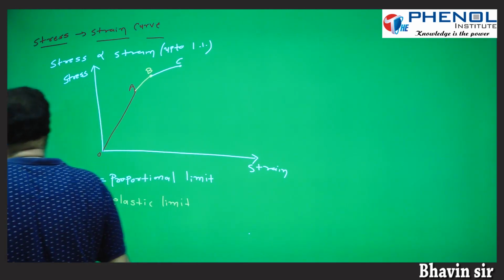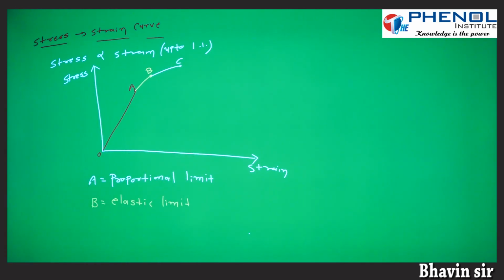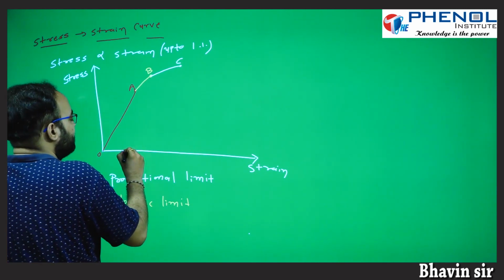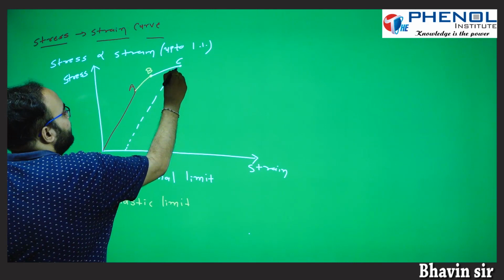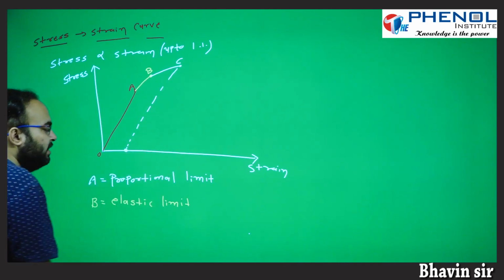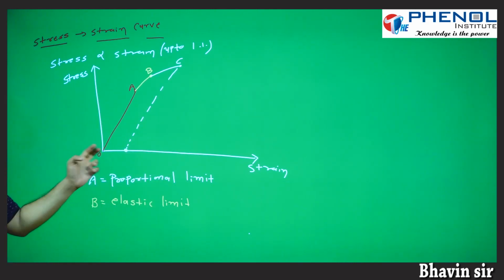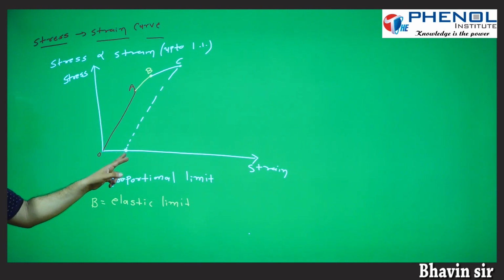now at point C, if we remove the deforming force, then see, the substance cannot get its original shape. What is the original position? At O. But now the substance reaches here.